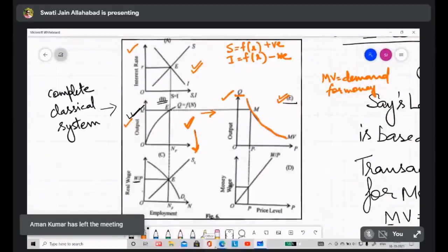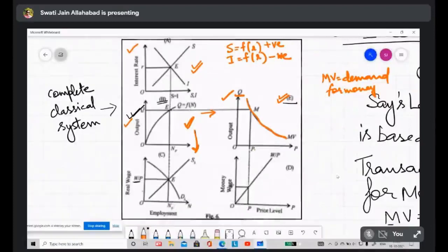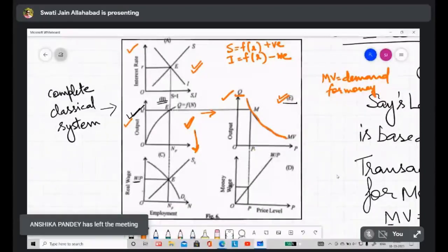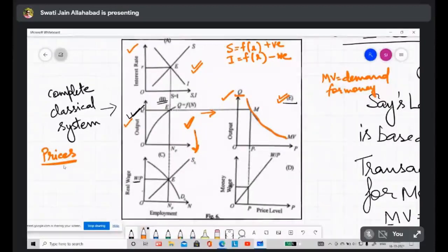No, never. Remember this, that every time we are talking about prices, what do prices mean? Prices mean prices of goods and services, prices of labor, prices for capital, or prices for factors. All prices are always positive.